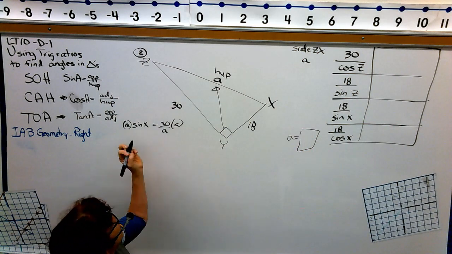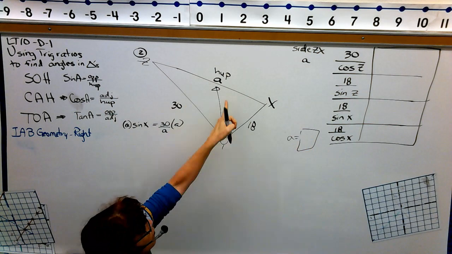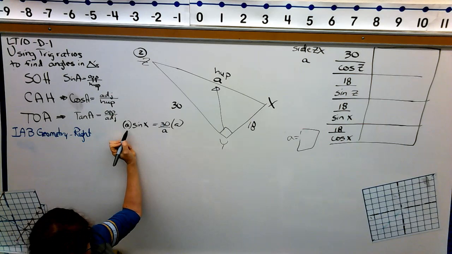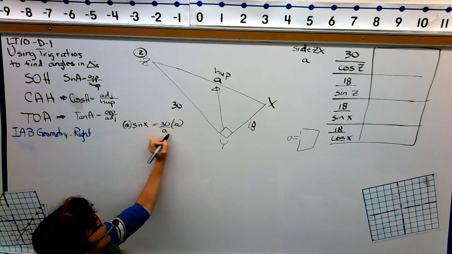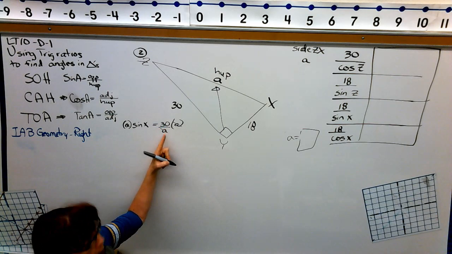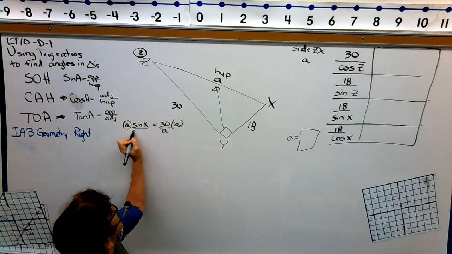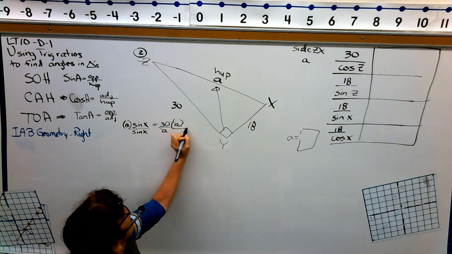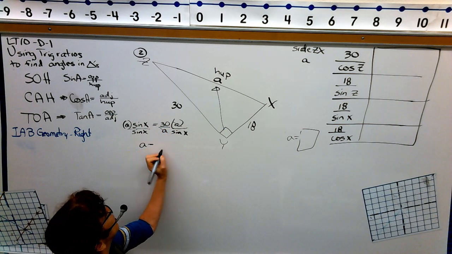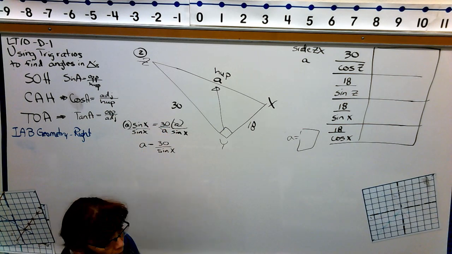So I'm trying to get A by itself, right? Right now, the A's are canceled, so I got rid of the A in the denominator, but I've got to get rid of this sine here. That's why I'm going to divide both sides by sine of X. So I'm left with A is equal to 30 over the sine of X. Now, how that would be handy is if we knew the degrees of it, that's a number with however many digits we want.